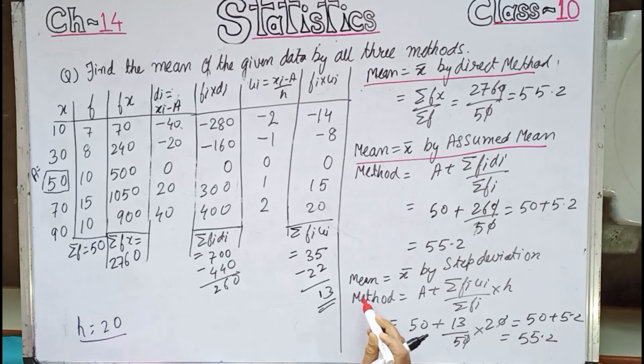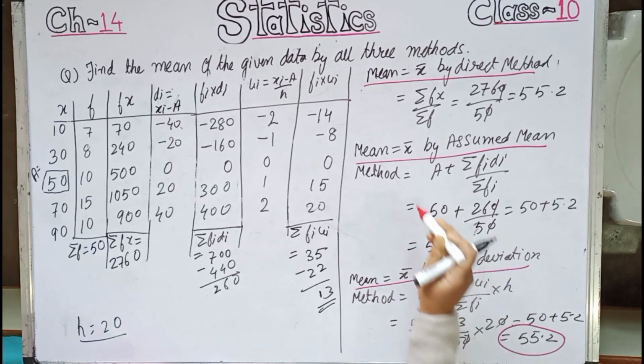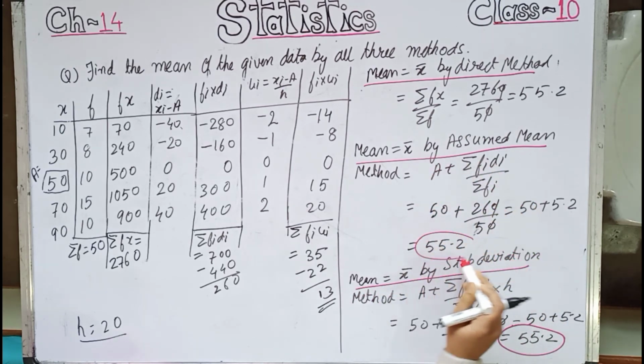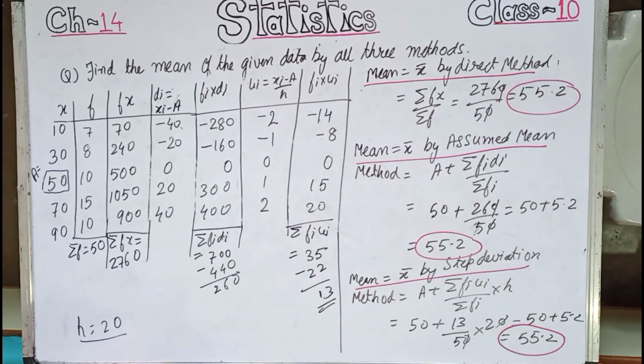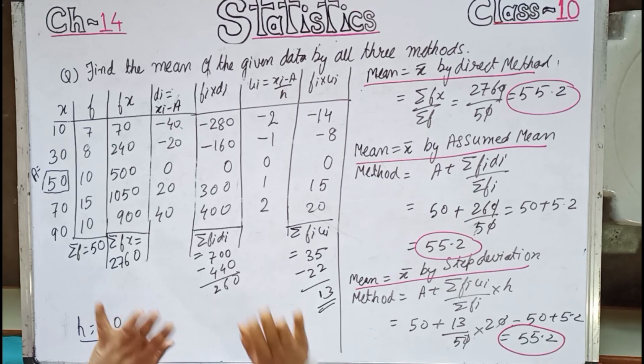So children, you can see over here mean by step deviation is 55.2, mean by assumed mean method is 55.2, mean by direct method is 55.2. So one sum, and we have discussed all the three methods. Whatever question comes related to these three methods, you can do it on your own.